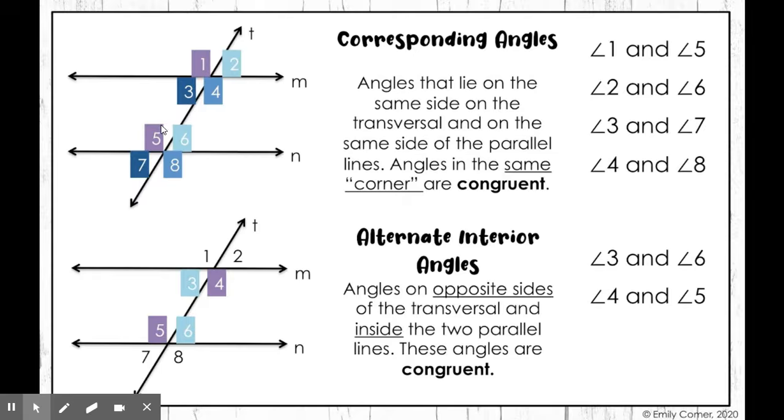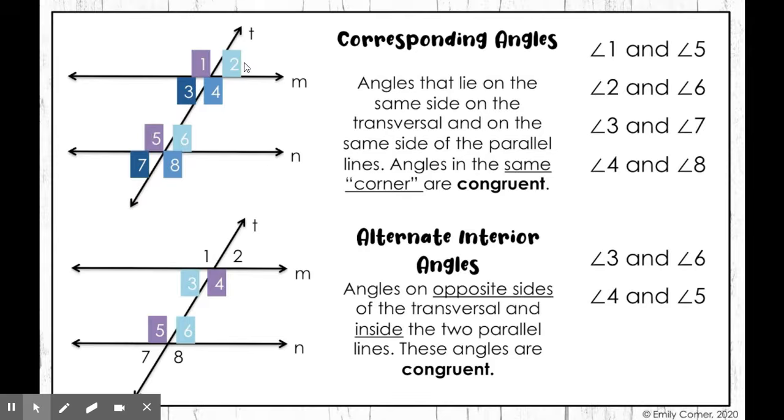So for instance, this is all color coded here to show the pairs of corresponding angles. Angle 1 is to the left of the transversal and above the parallel line. Angle 5 is also to the left of the transversal and above this parallel line. So they're both to the left and above, so they are congruent to one another.